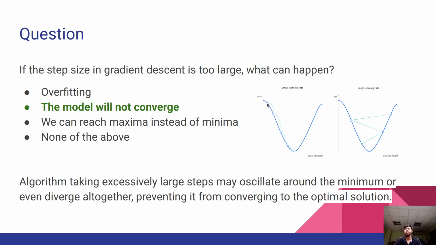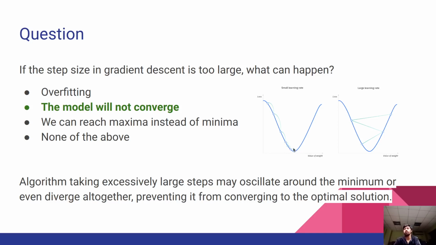But if the learning rate is small, suppose we are initially here, we consider that we need to go right, but let's not take a very large jump. Let's go slowly. Then again we need to go right, so again a small step. Again here.